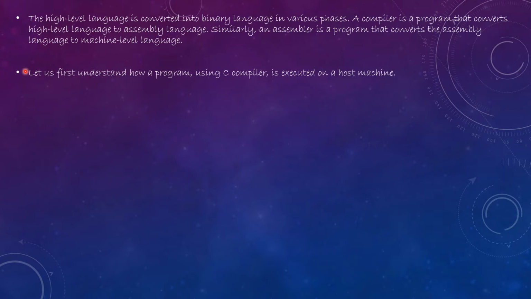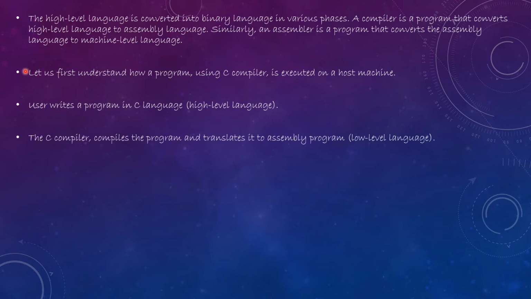Now let us first understand how a program using C is executed on a host machine. Now we see how C programming works. First the user writes a program in C language, which is a high level language. Then the C compiler compiles the program and translates it into an assembly program. This is a program that converts high level language to assembly language.